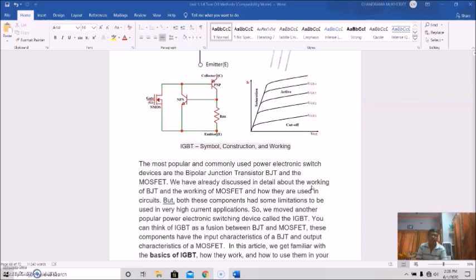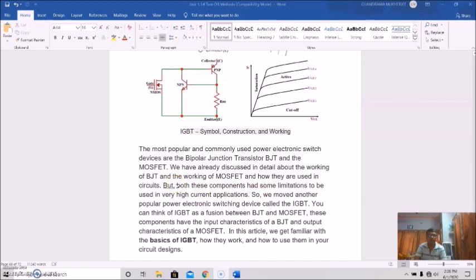This is a most popular and commonly used power electronic switching device. You have already studied bipolar junction transistors and MOSFETs, metal oxide semiconductor field effect transistors, in earlier semesters, their working and how they are used in circuits.